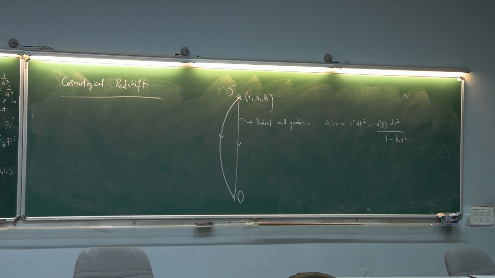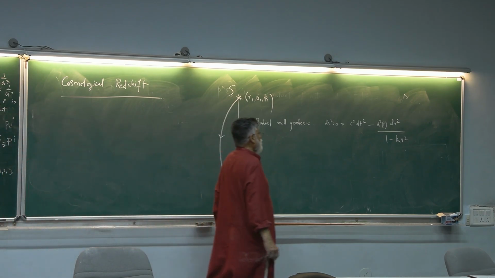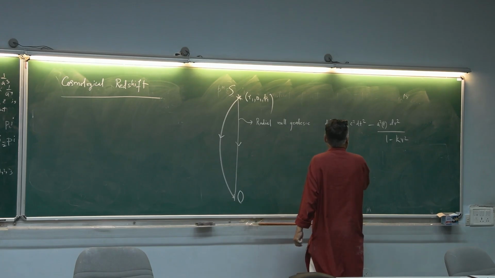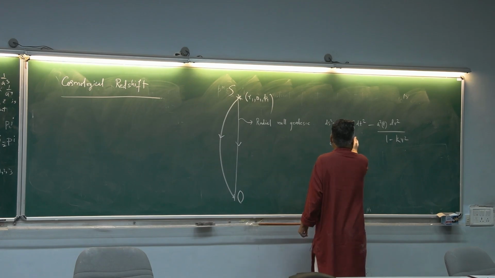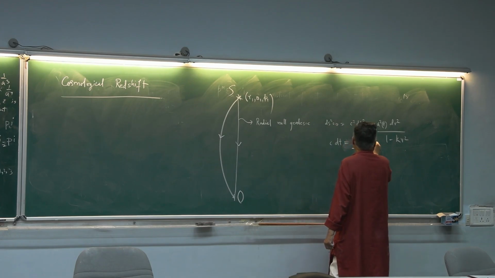So the other part will be 0, and because it's a null geodesic ds squared is 0, we have the equation c squared dt squared minus a squared of t dr squared over 1 minus kr squared is 0. And therefore this sets up an equation which tells me that c dt is equal to plus or minus a of t dr by the square root of 1 minus kr squared.